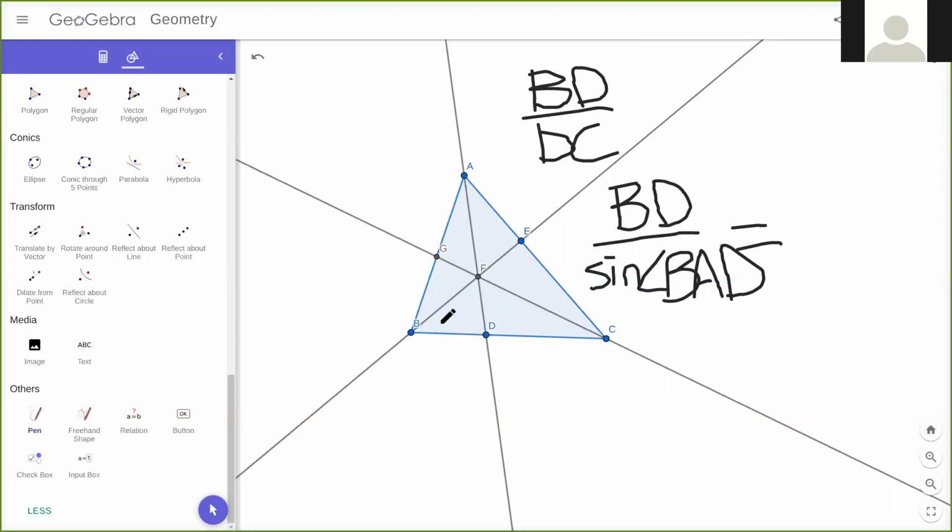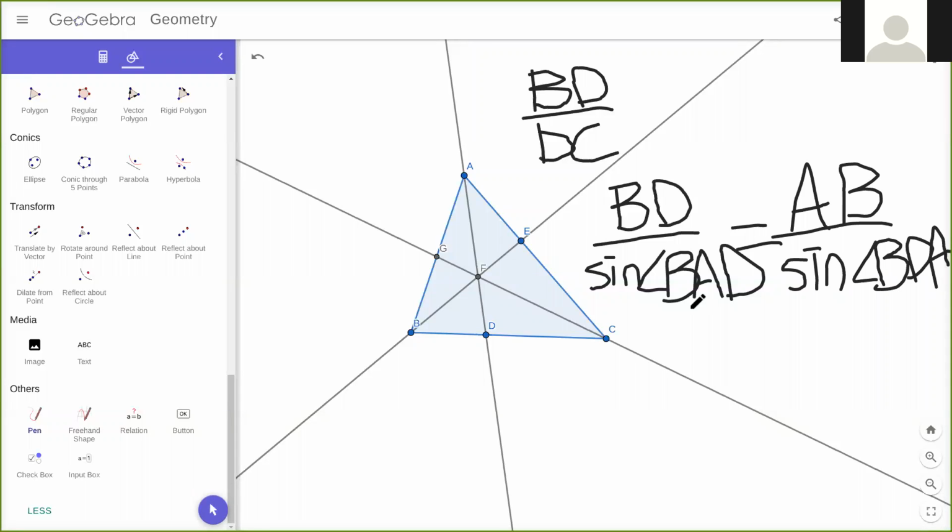Angle B, we can't easily relate to the other angles involving DC. So we use AB over sine of angle BDA.